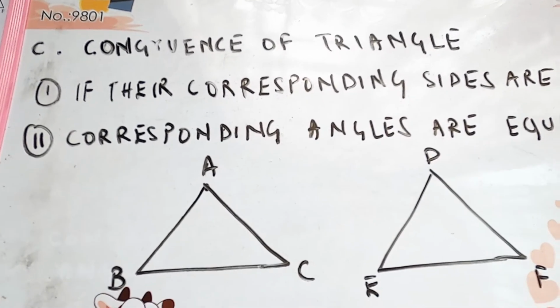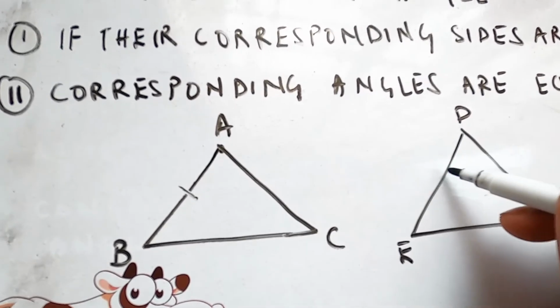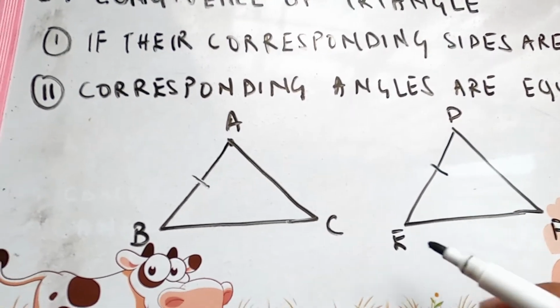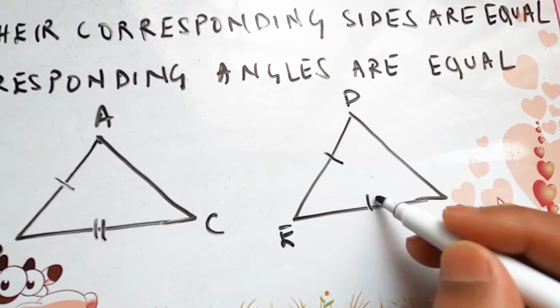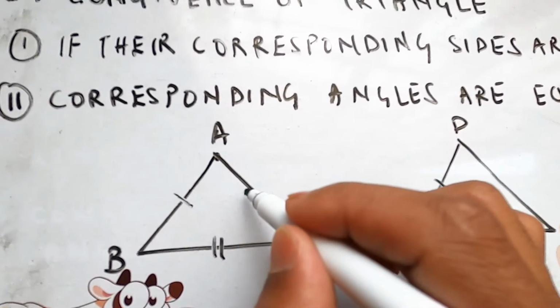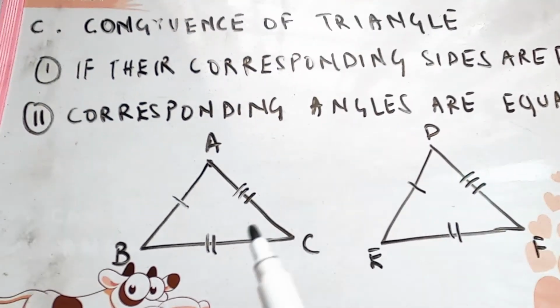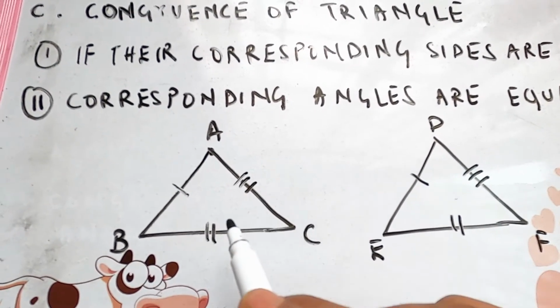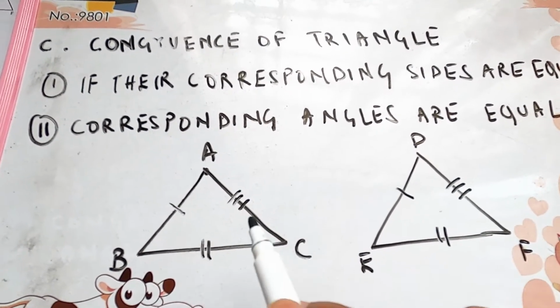Corresponding side simply means side AB is equal to side DE, side BC is equal to side EF, and side AC is equal to side DF. If their corresponding sides are equal, we can say that the two triangles are congruent.